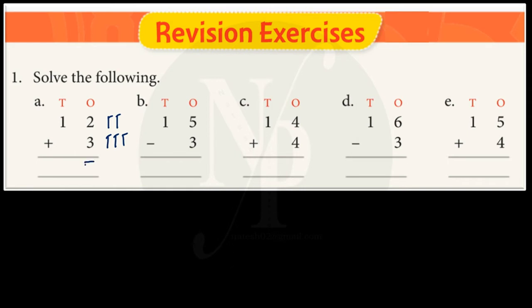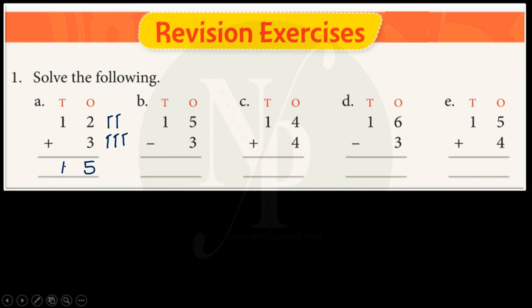We write 5 in ones place here. Coming to the tens column, we have 1 here and there is no other digit to be added, which should be treated as 0. So 1 plus 0 is 1. So we write 1 in tens place.